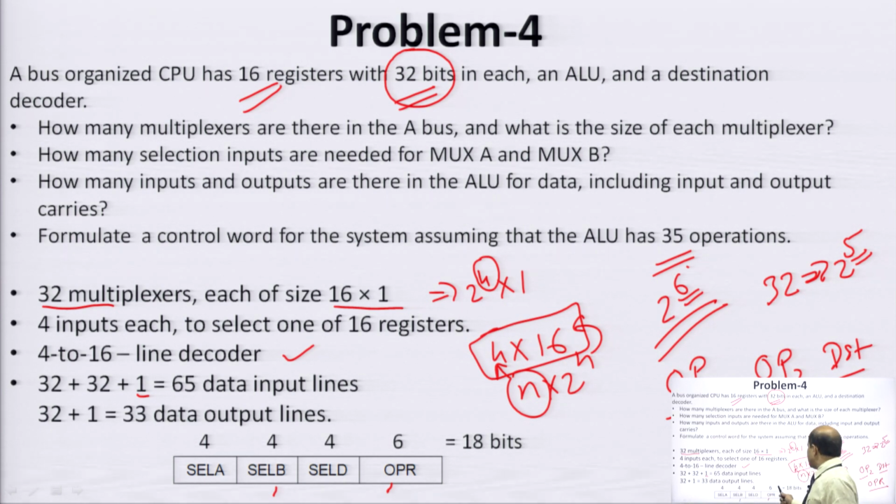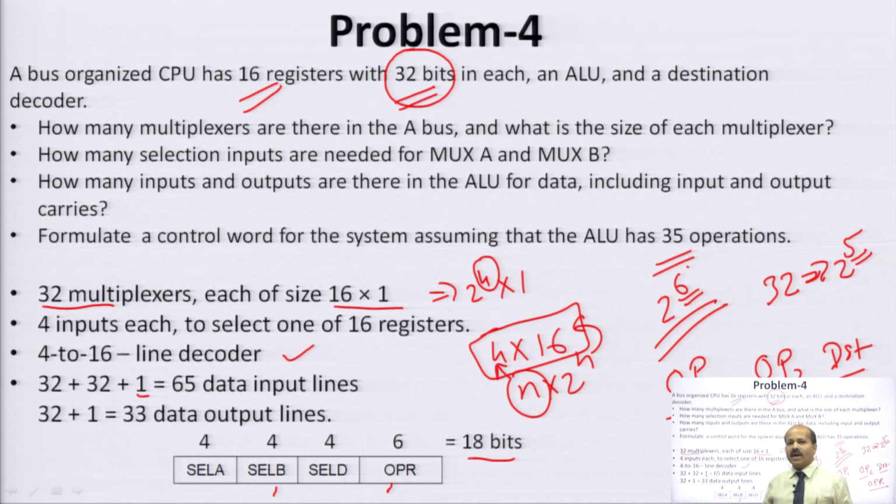What is the total of this? It is 18 bits. The total number of input lines in this case will be 32 multiplexers for operand 1 and 32 multiplexers for operand 2, and 1 extra line for input. So, 65 data input lines are required, and the output will be transferred the same way.